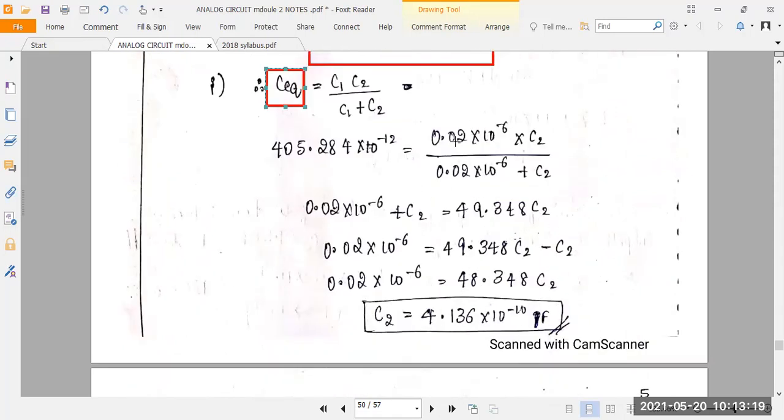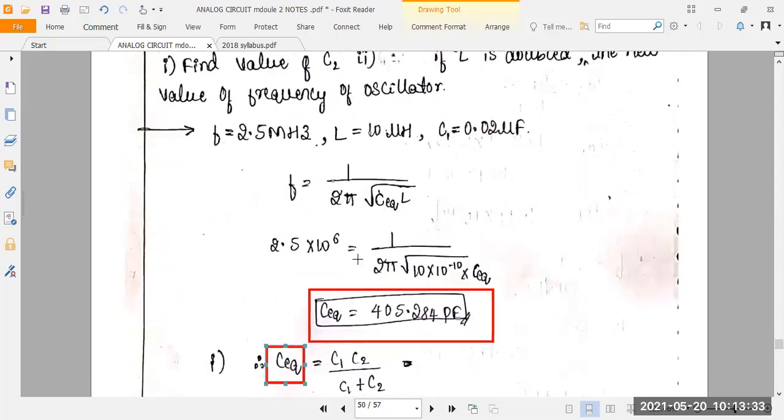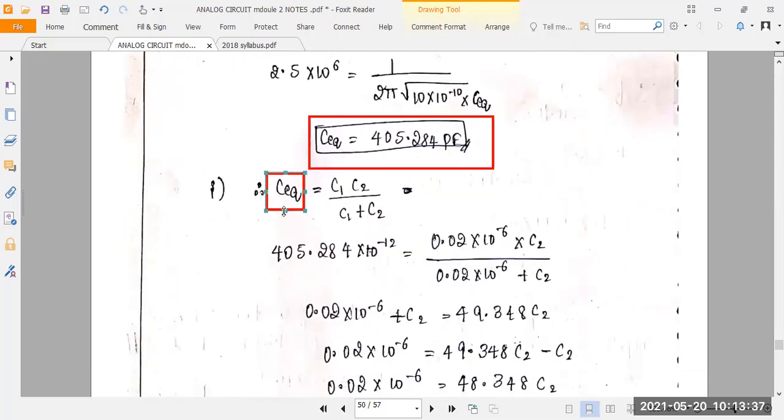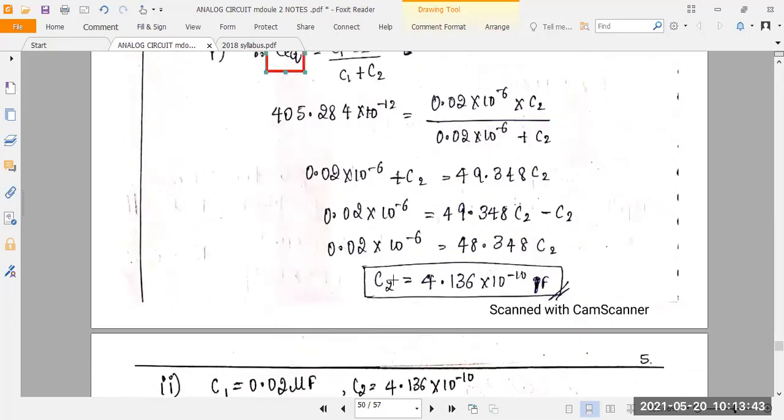Substitute C1 value, we know that 0.02 microfarad, right? So C2 almost you got 4.136 into 10 raised to minus 10 farad. First you take the frequency equation, C equivalent you take it outside. Then you take the C equivalent equation, substitute C equivalent value, then C1 value, C2 you take it outside, you'll get C2 is equal to 4.136 into 10 raised to minus 10 farad.